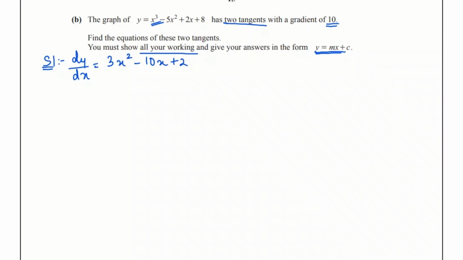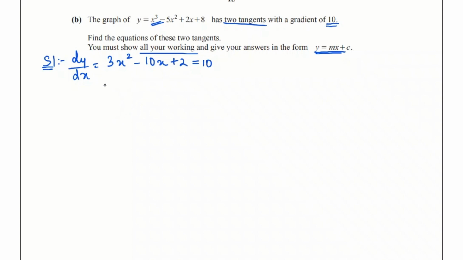Now after this, just a moment. So if we find out the derivative as 3x square minus 10x plus 2, so the derivative, the gradient is equal to 10, so this will be equal to 10.